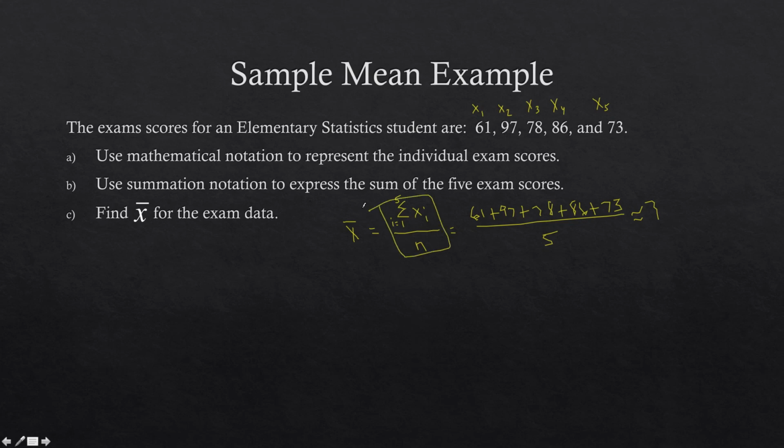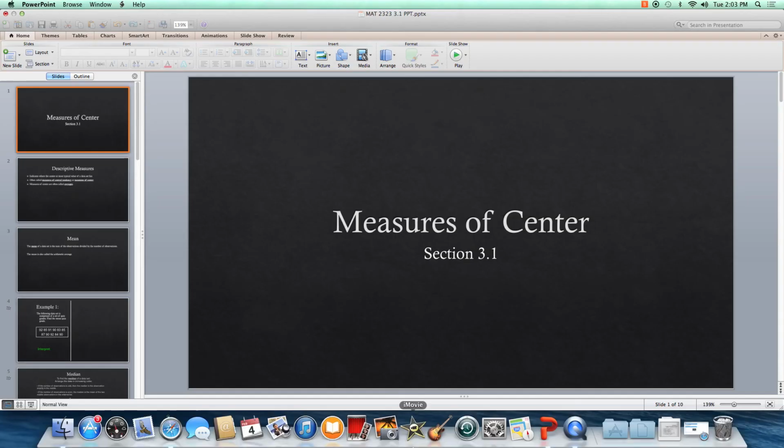So don't be surprised if you're asked to write it in that notation, or if you see it in that notation. But that's what it means. It's just wanting you to label it and add them up and divide them by how many there are. That's what the sample mean is, okay? So please try not to overthink it just because we have fancy notation here, okay? It's just the same thing that you've always done in the past.